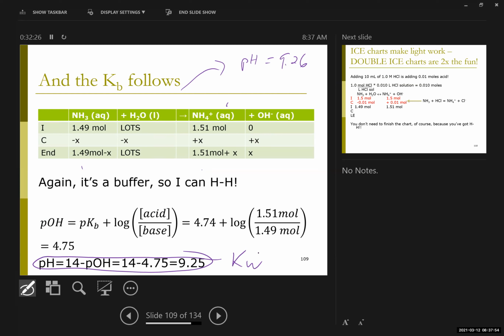I say that because it can simplify your life if you stick to the program that ionic compounds, when dissolved in water, dissociate. Because the sodium really isn't doing anything. It's a spectator. It's really just a source of hydroxide. And so, again, I would tend to treat this the same way I treat all of my ionic compounds, even though it's a strong base. It makes your life simpler if I'm not tripping over the sodium.